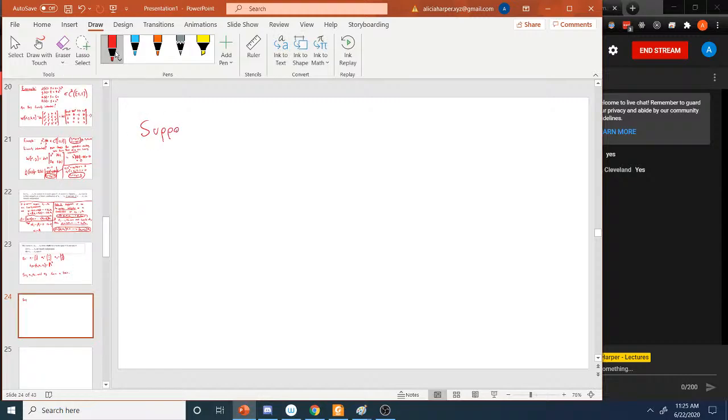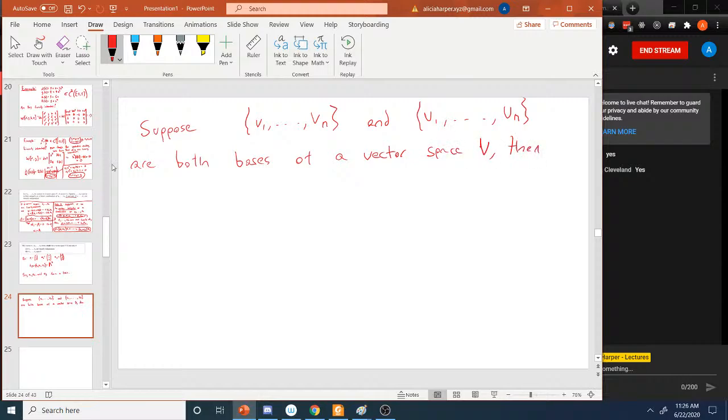Suppose v1 through vn and u1 through um are both bases of a vector space V. Then n is equal to m.